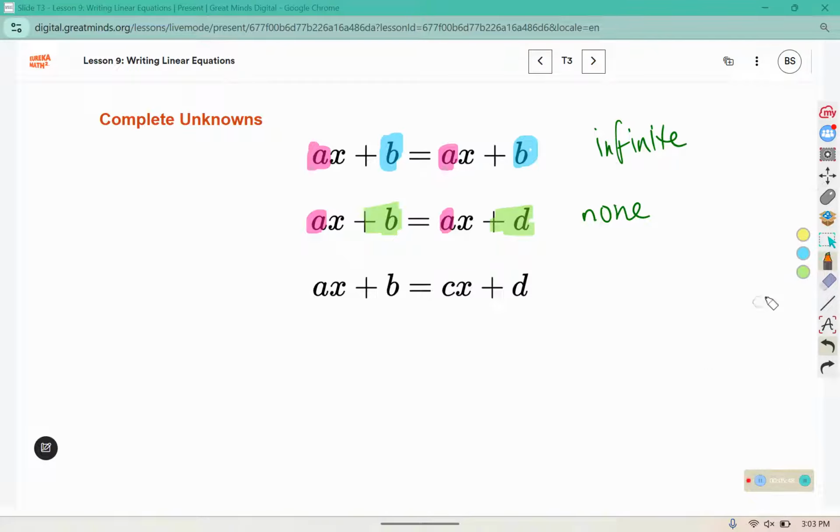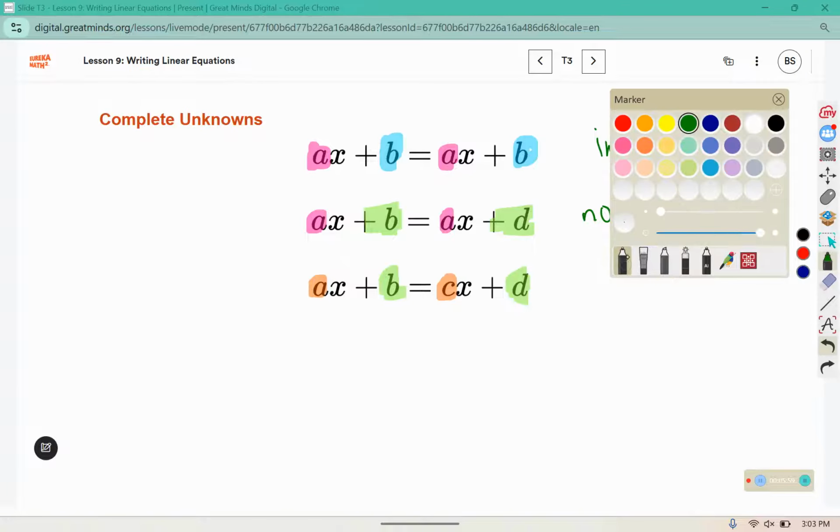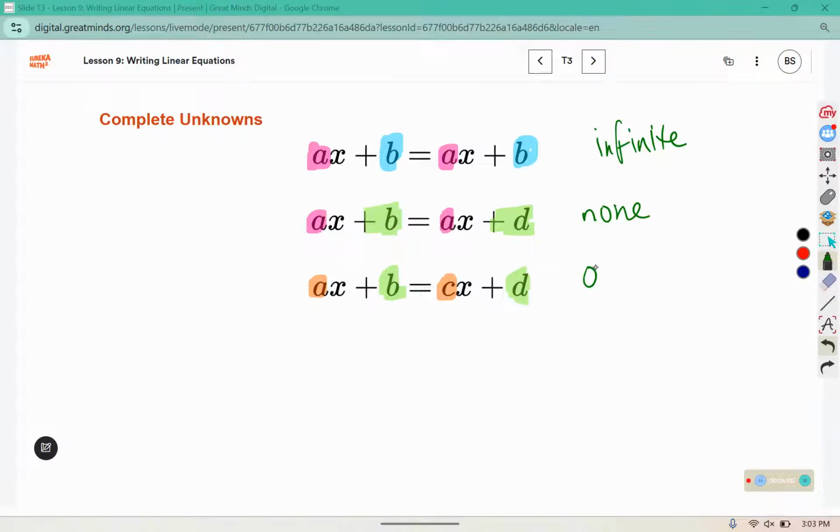Down here, we can see that the variable term does not match, and the number term does not match. B and D are not the same. So this is a situation with one solution because the variable term does not match.